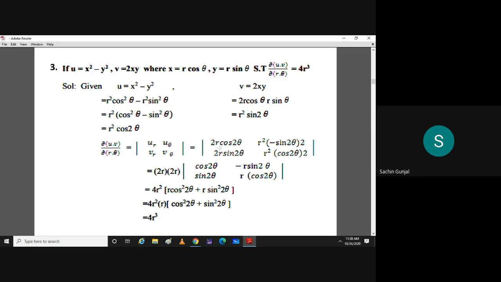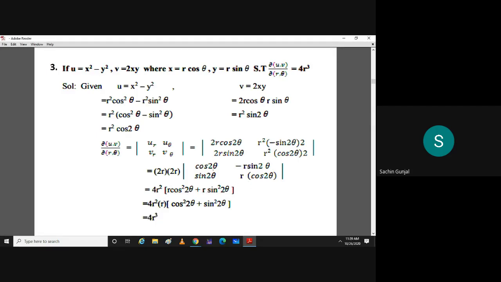So 2r you can take out from these two rows, I mean the first column. So that will be cos 2 theta, minus r sin 2 theta, and then sin 2 theta, r into cos 2 theta. So if we simplify, this will be 4r square into r cos square 2 theta plus r sin square 2 theta.